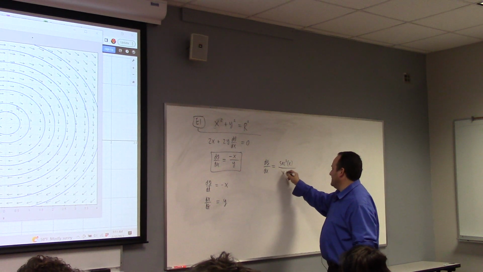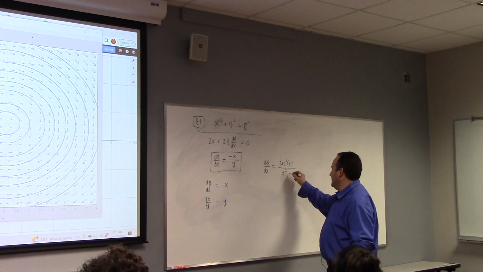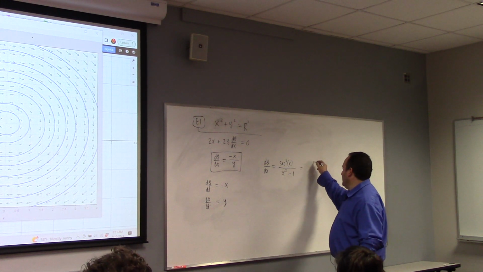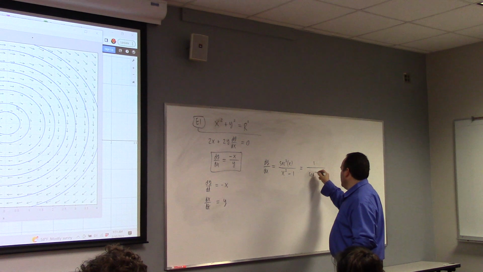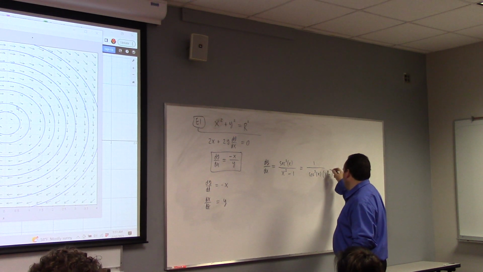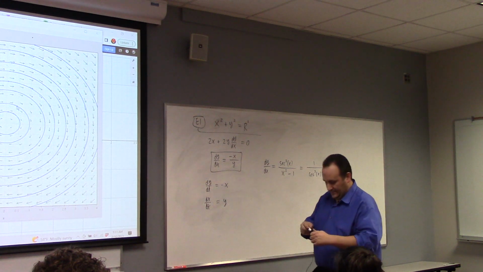How about x squared minus 1? Sound good? I'm going to trade that for 1 over cosine cubed x times x squared minus 1, because I don't want to find out whether or not p-plane supports secant.